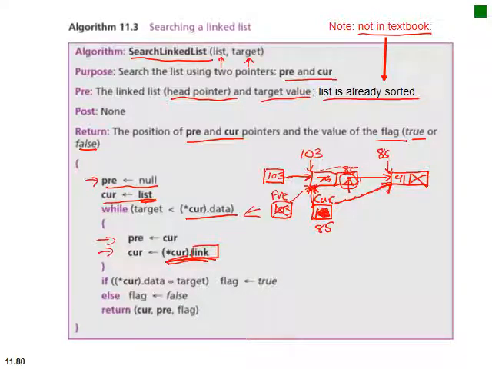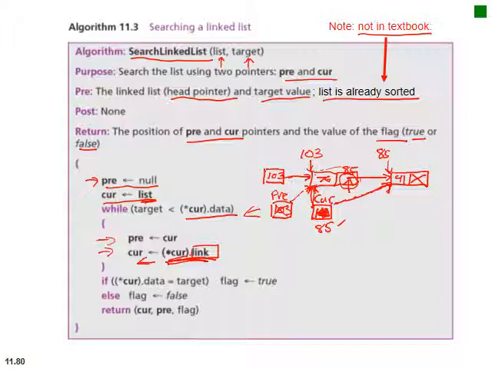That gets assigned to current, and that's the reason why current has the value of 85 now. Okay, now we check after this. We're at the end of the while, and we continue with this practice.